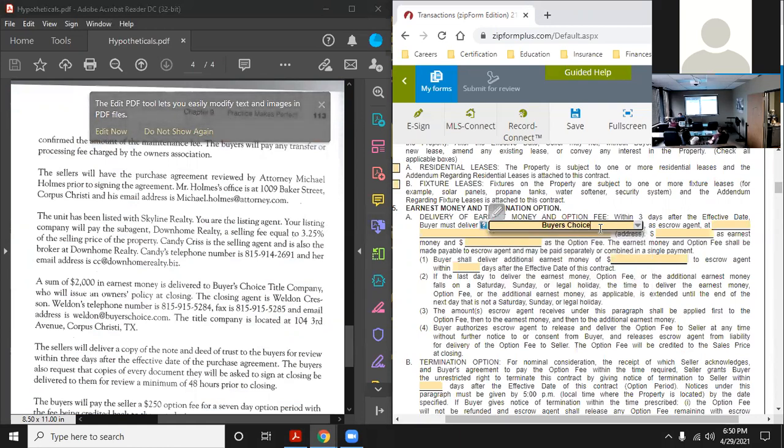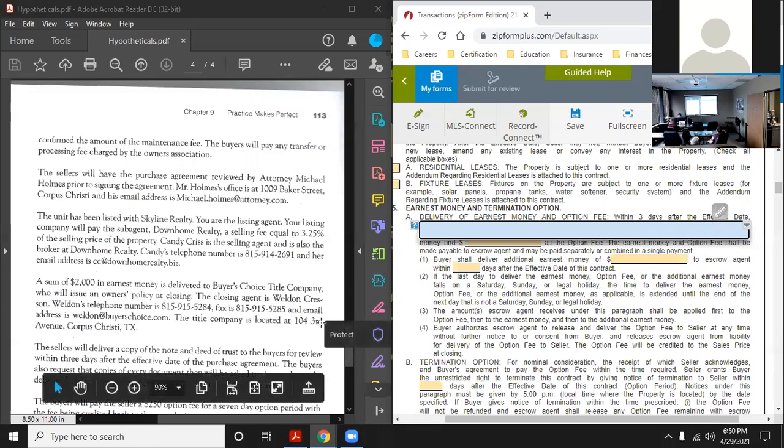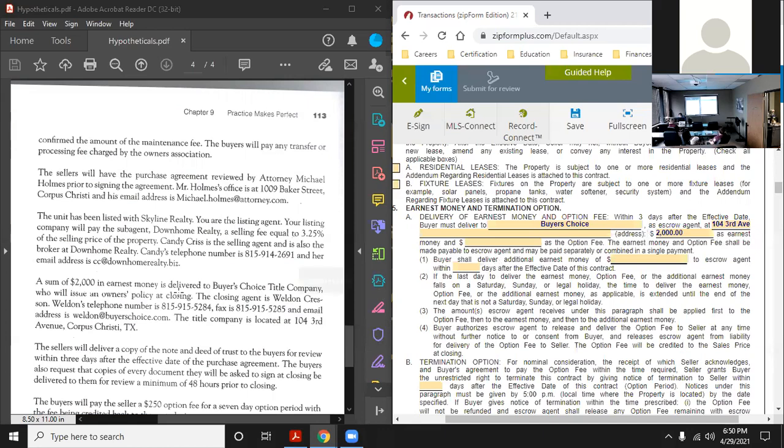Title company. They will also issue the owner's policy at closing. There you go, 104 3rd Ave. Corpus Christi, Texas. And then, what else fits right there? That's nice. $2,000 there.